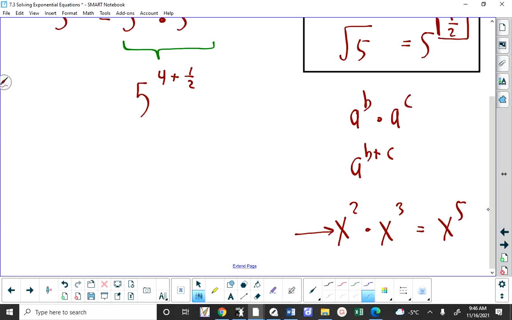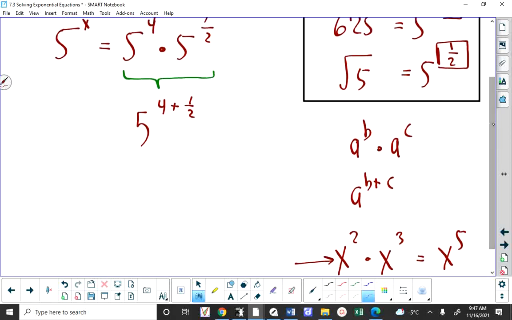But occasionally, when the base is a number, people make the mistake of putting 25 for the base. Because your brain sees 5 times 5. You go, oh, 25. But the base remains the same. When you add the exponents, the base remains the same.